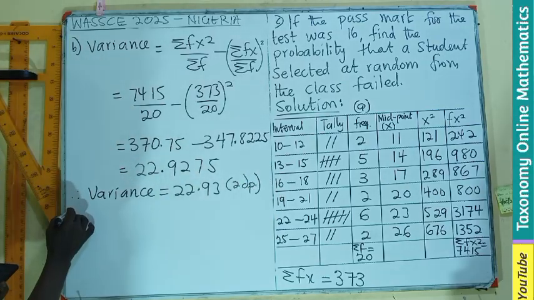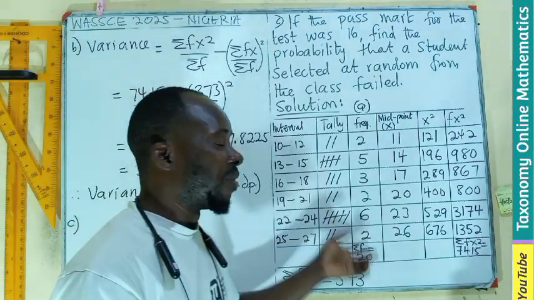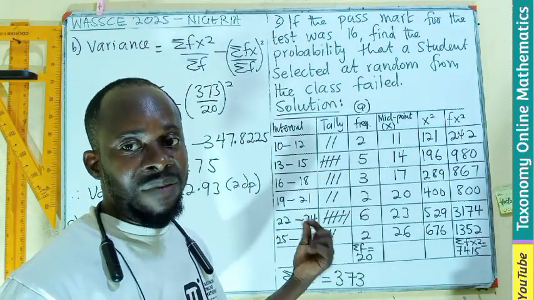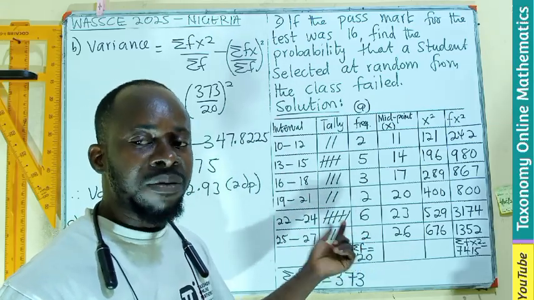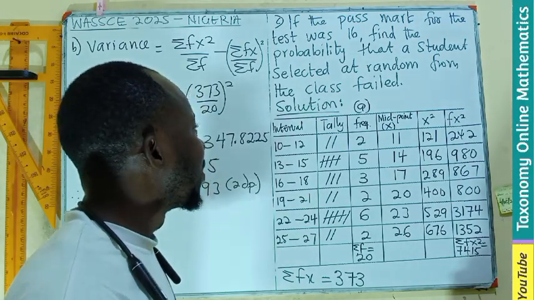All right, so let's go to C. Remember, this is not the only way we can find variance. We can also find the mean first, subtract it from all the values we have, then find the square of that, and use it to find the variance.